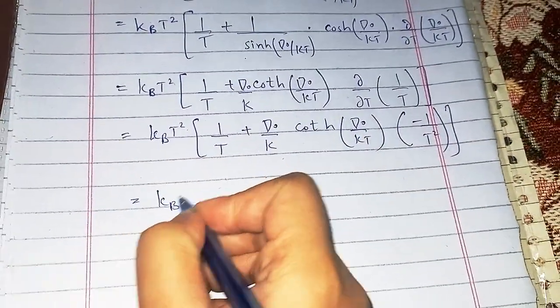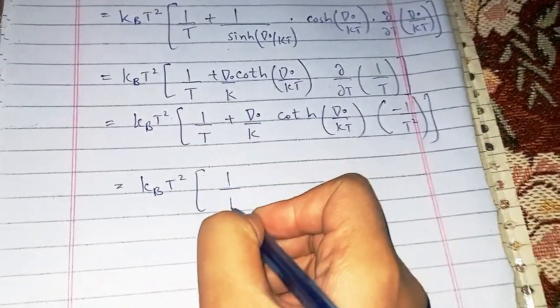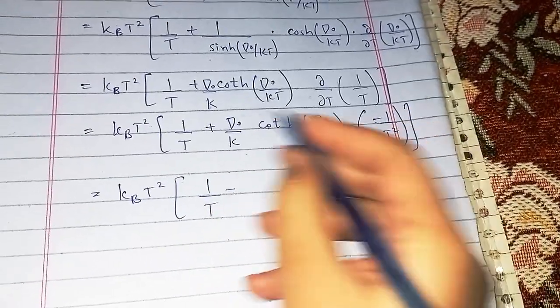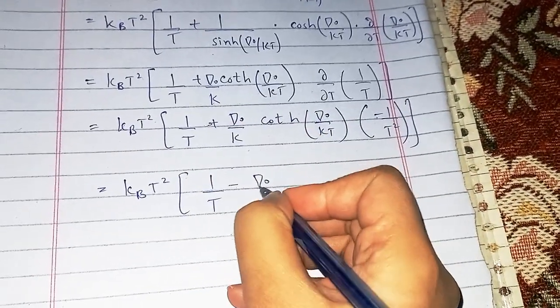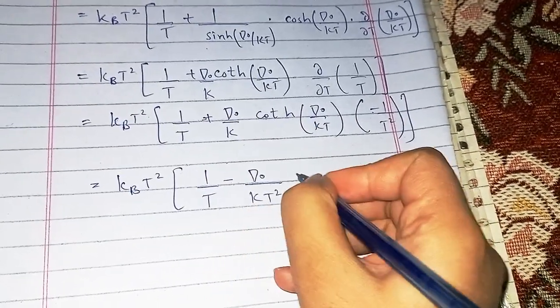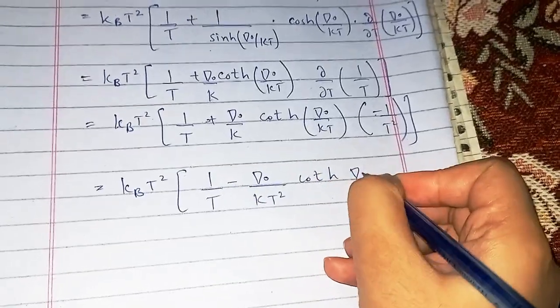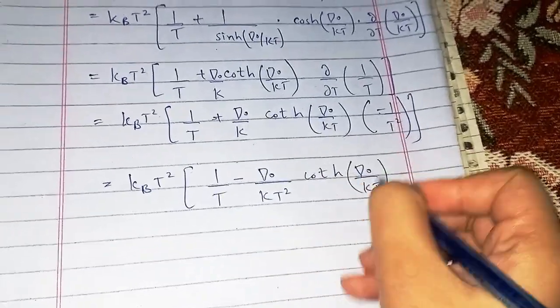Then we have kBt² times 1 over t minus, this plus and minus becomes minus, δ₀/kt² coth(δ₀/kt).